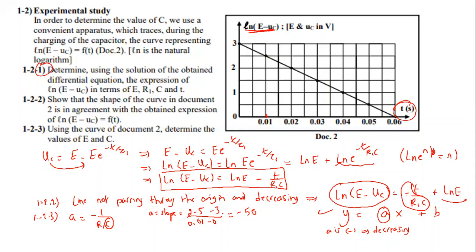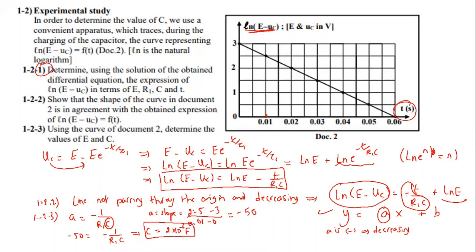So this is the slope. Now I substitute: minus 50 equals minus 1 over R1C, where R1 is given. This means we get C equal to 2 microfarad, 2 times 10 to the power minus 6 farad. This is how we find C.